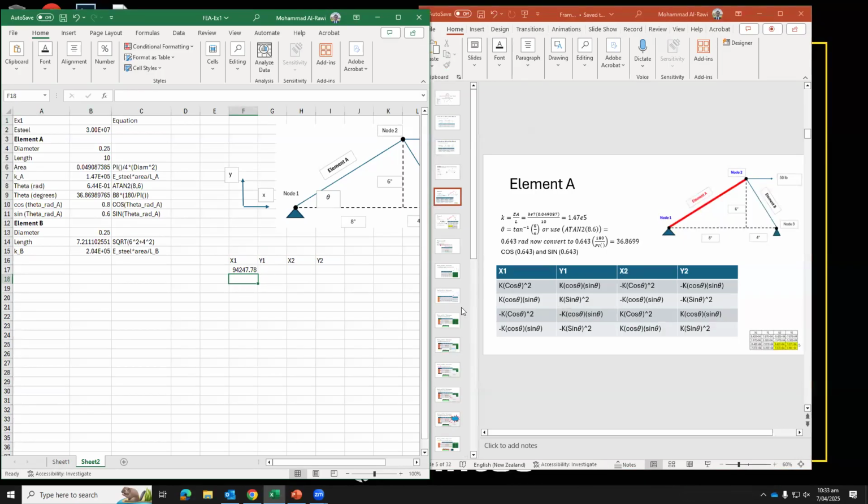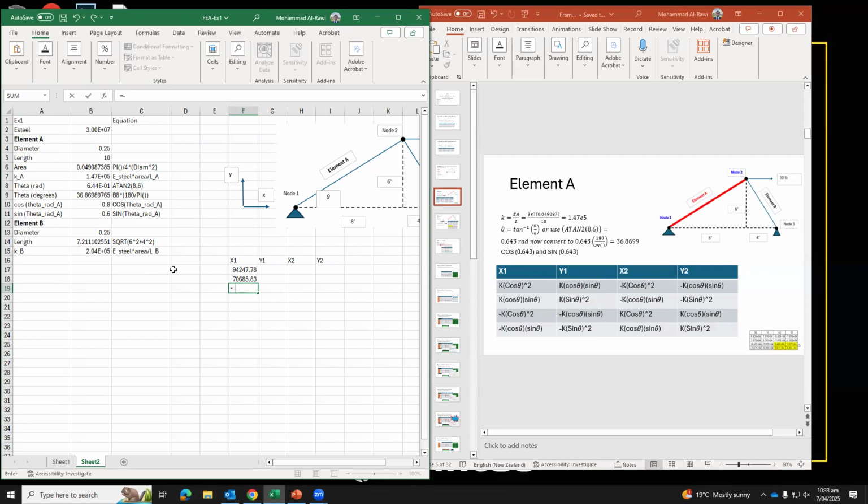If you look at that one, k cosine theta square, it will be repeated in some places. So I would do the first x1 till all of them. So let's continue with the second one. Equals k, okay, multiplied by cosine theta multiplied by sine theta. The third one. So technically, what I'm following is this table here.